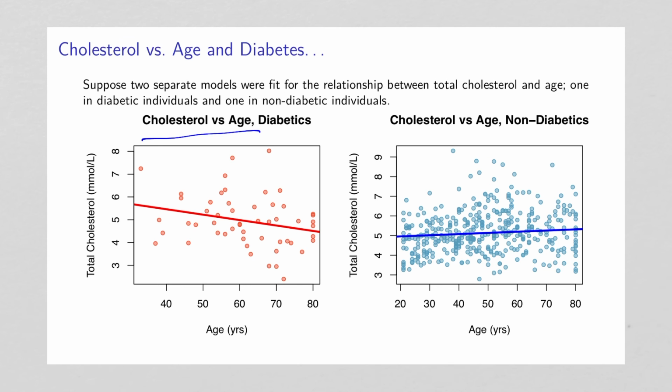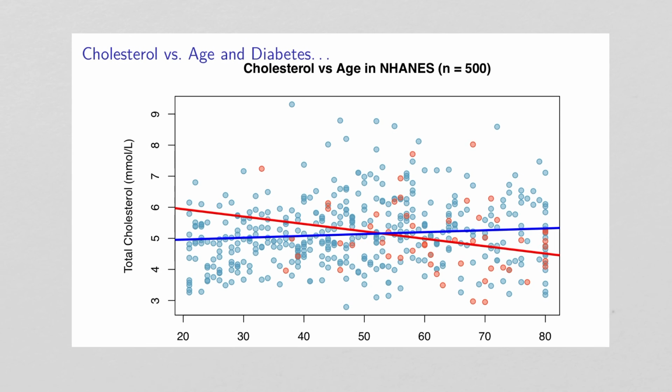Cholesterol versus age, diabetics and non-diabetics. The older you get, the lower your cholesterol if you're a diabetic. The older you get, slightly higher cholesterol if you're a non-diabetic. Interesting, right? So now we put them in here, and something's going on here, right? As you grow old, your diabetes status determines your total cholesterol.